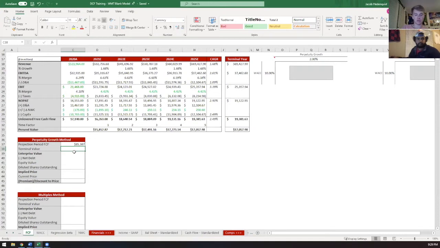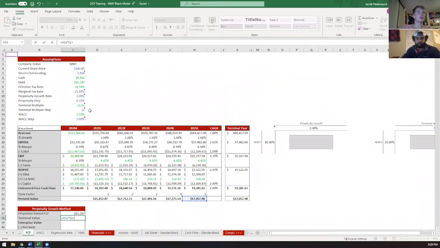So yeah, for this terminal value, the formula is going to be your terminal year or your 2025 cash flow times 1 plus this growth rate up here, which is the 2% perpetuity growth rate. And then we're going to divide all that by the WACC minus the growth rate.